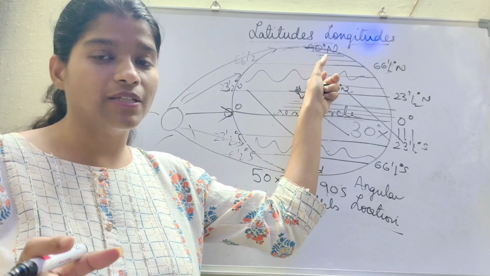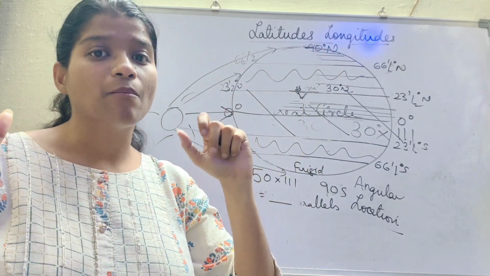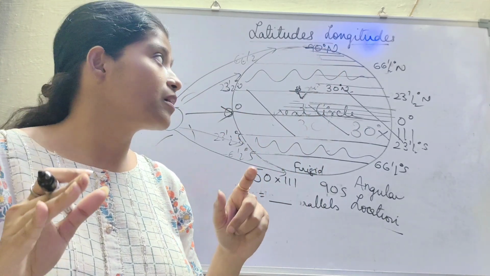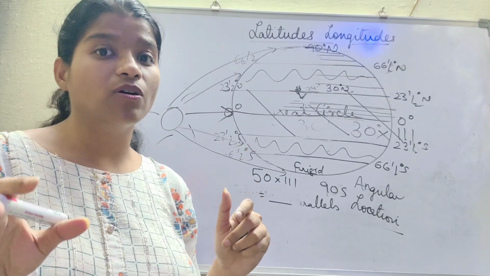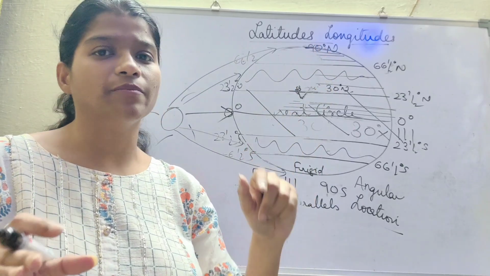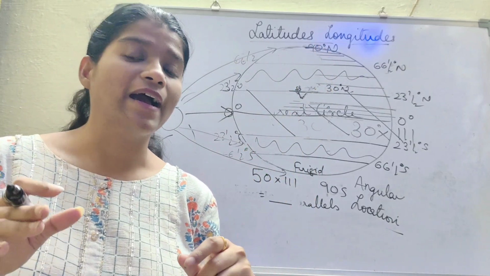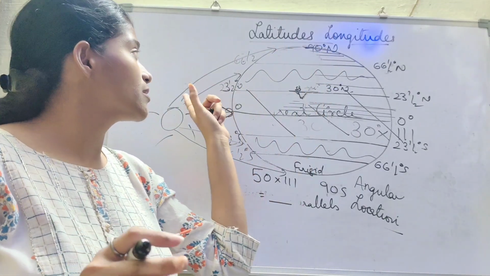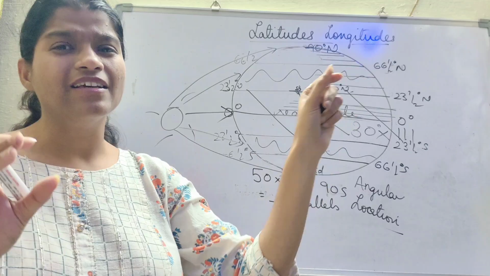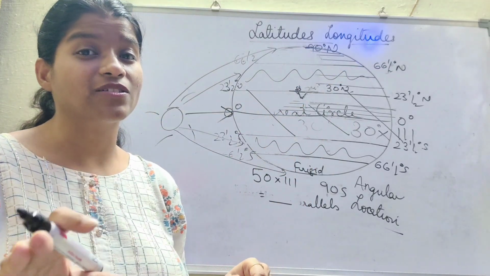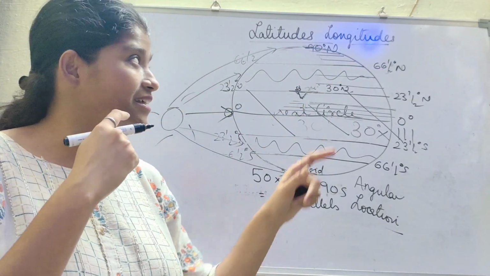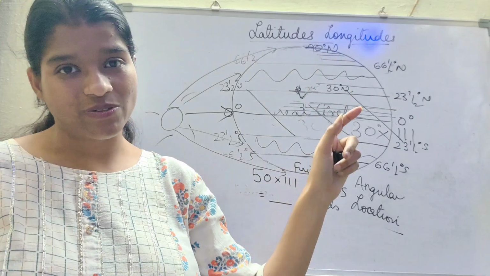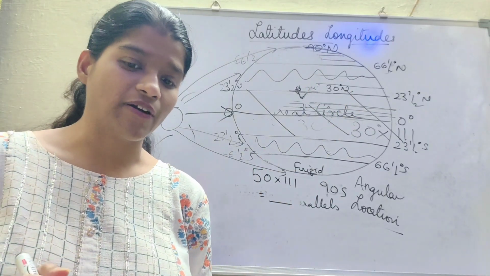In the temperate zone, the temperature is moderate, neither too hot nor too cold, and in the frigid zone the temperature is very low. Why is the temperature low here? Because this region receives very slanting rays of the sun. Sunlight here is very limited, that's why ice caps and glaciers are found here.